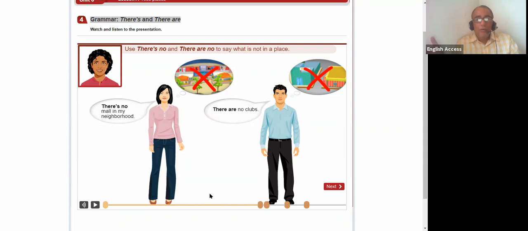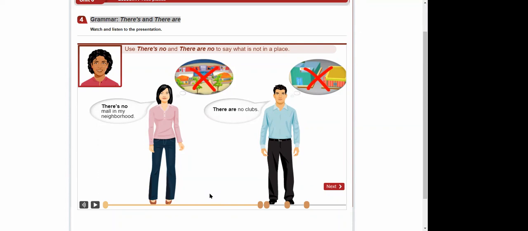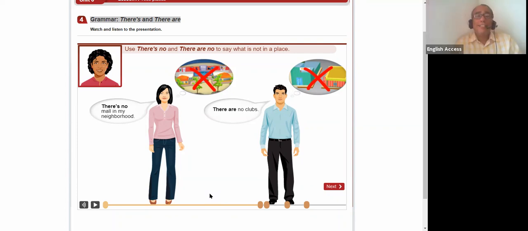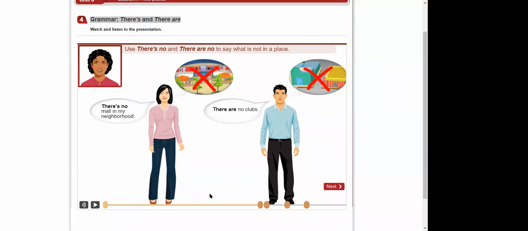There are many houses. There is and there are. What about your neighborhood, Francisco? Give me a description using there is or there are, there's no or there are no. There are many cars. Mhm. What about a mall? There's no mall. What about trees? There are some trees. Okay.